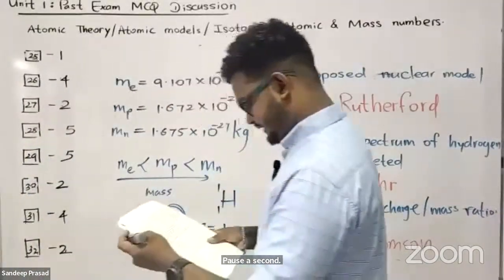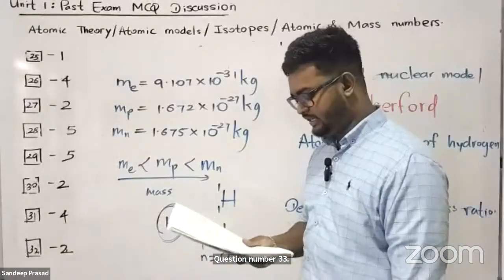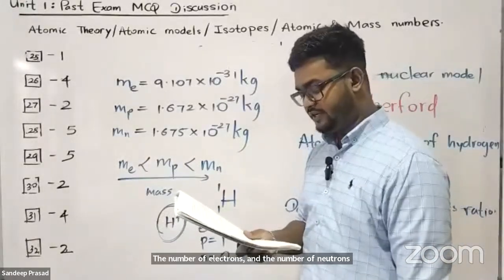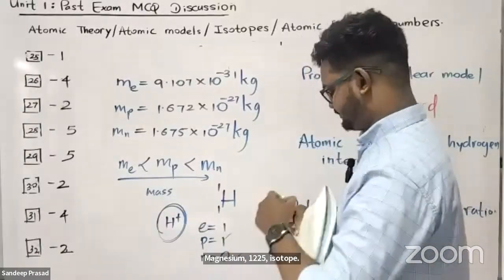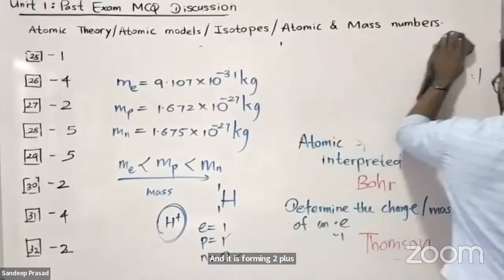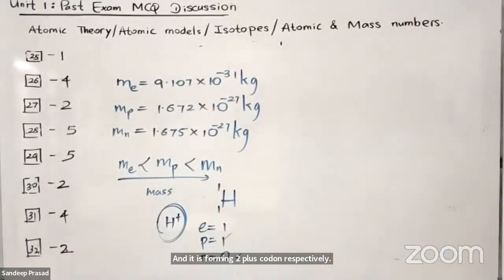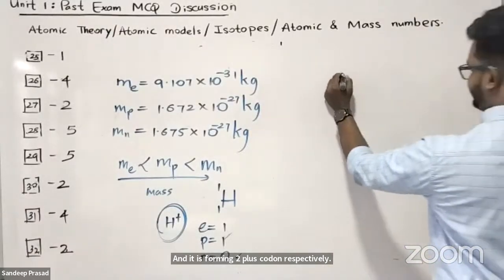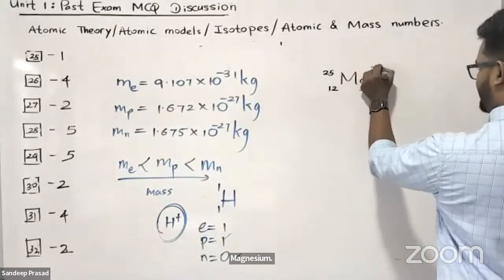Question number 33, the number of electrons and the number of neutrons present in the magnesium-25 isotope (12Mg-25), and it is forming 2+ cation, respectively. Magnesium 12, 25, 2+ cation.